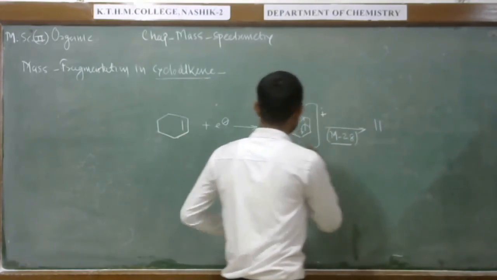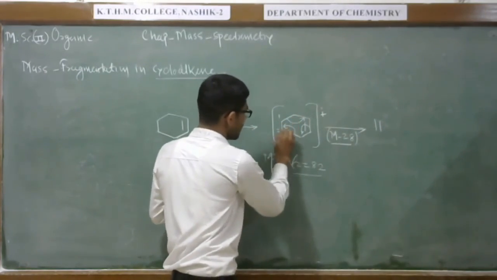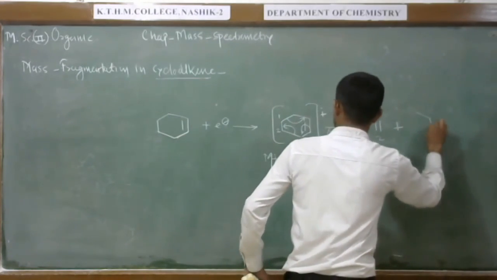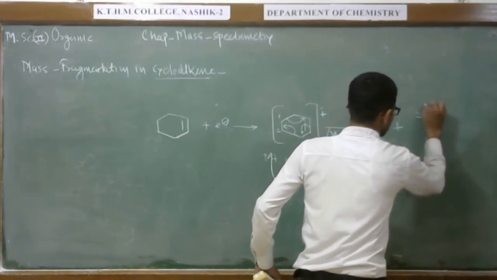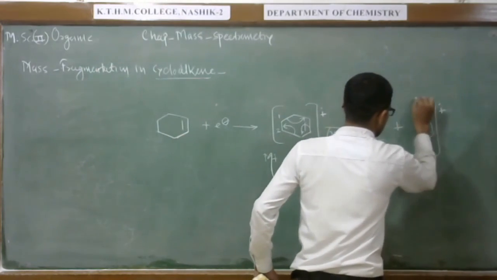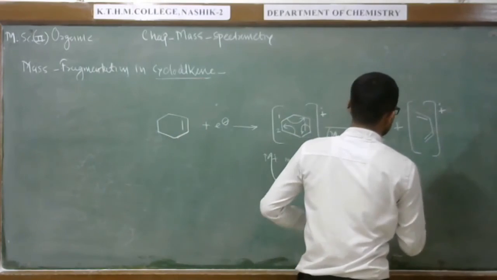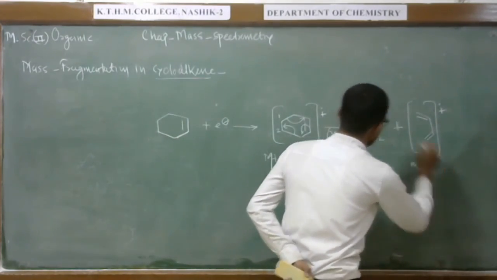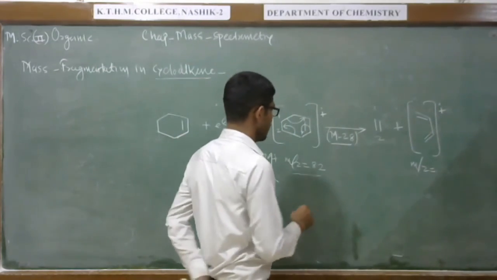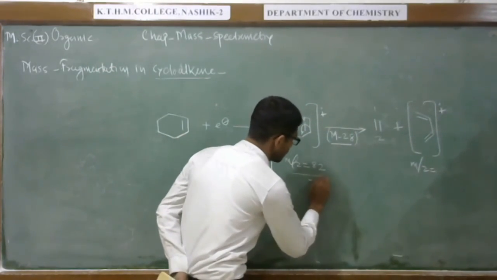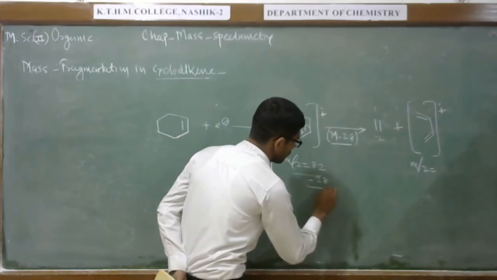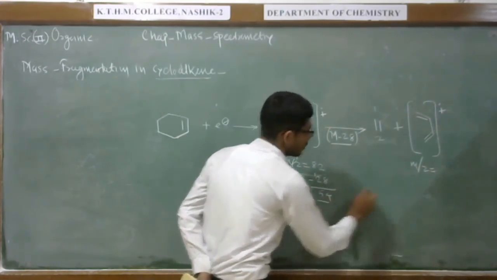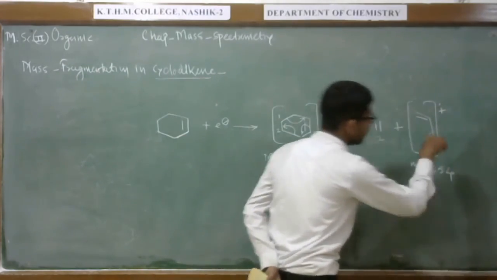Loss of ethylene, this part is the loss of ethylene like this. You can observe this M minus 28 is nothing but 82 minus 28. So this peak we can observe at the value 54.